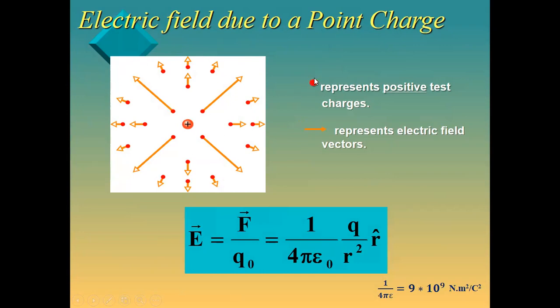The red circle, small circle, represents the positive test charge. And as we can see, the positive charge is repelled from the point charge in the center. And the arrows, orange arrows, represent the electric field vectors. So we can see that the region around this point is an electric field region.